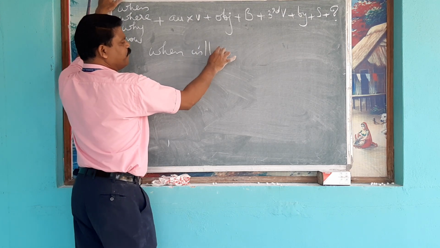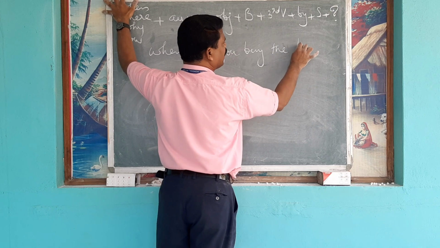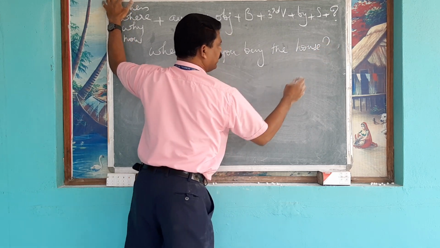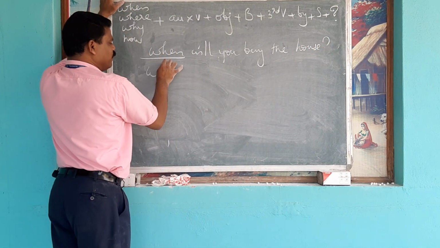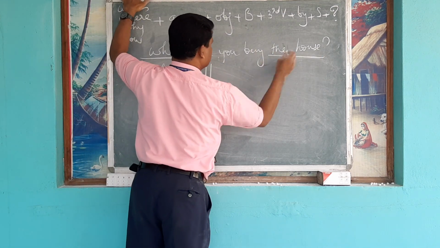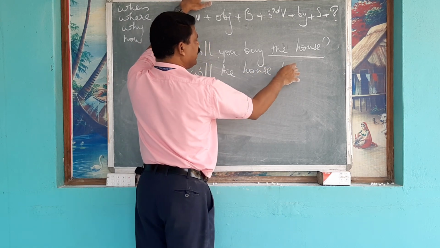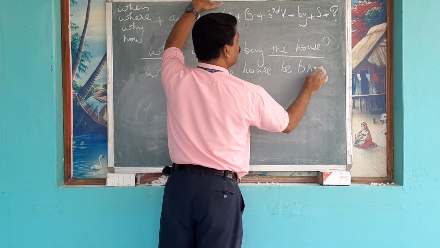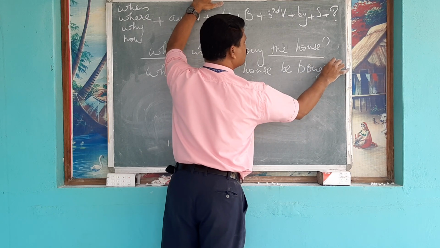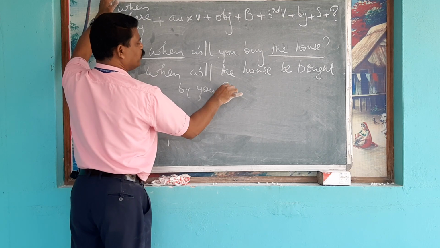When will you buy the house? Here the first question word is when, then the auxiliary verb will, object the house, with will we add be, then the third verb bought, by you.